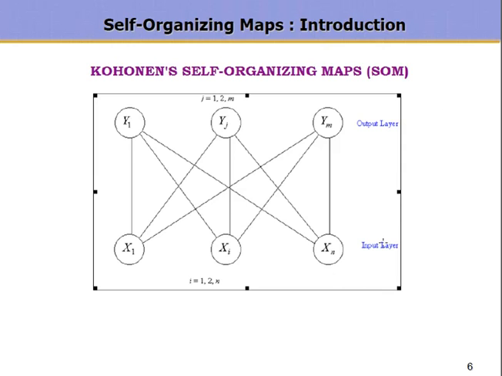My input layer contains a number of input neurons ranging from x1 to xn, and similarly my output layer can also have a number of neurons or cells ranging from y1 to ym. We create a competition in between, and we try to figure out the winning neurons, and then we adjust our weights in order to create the resultant weight matrix.